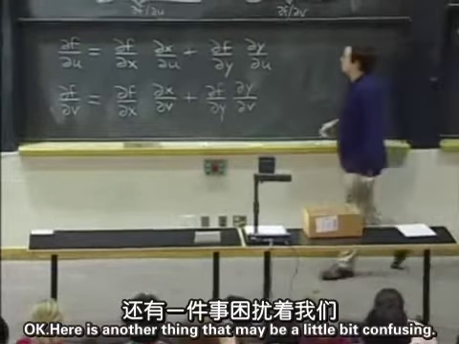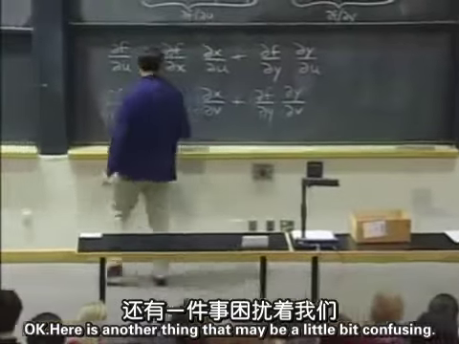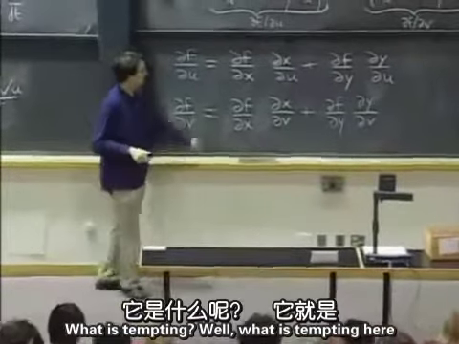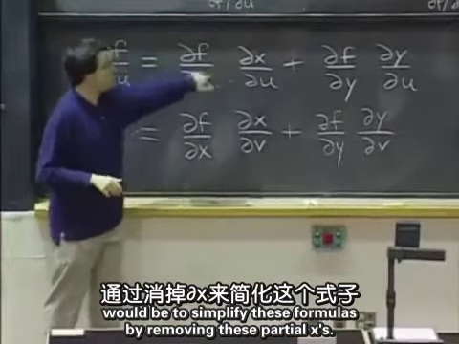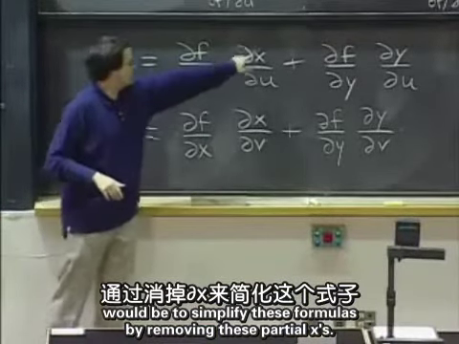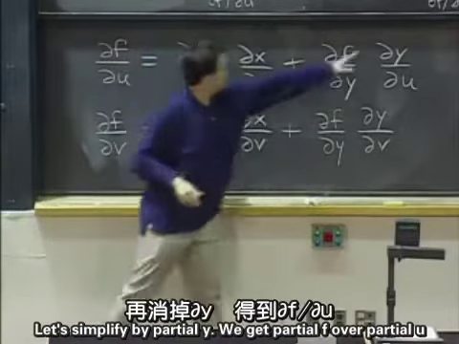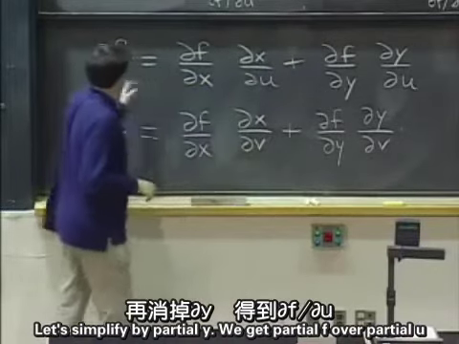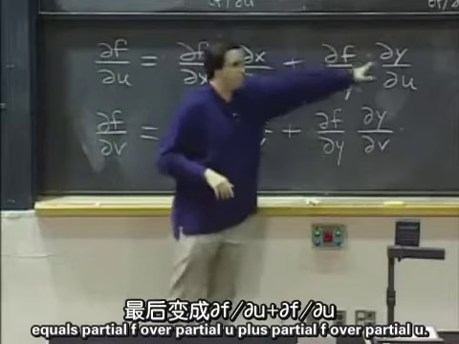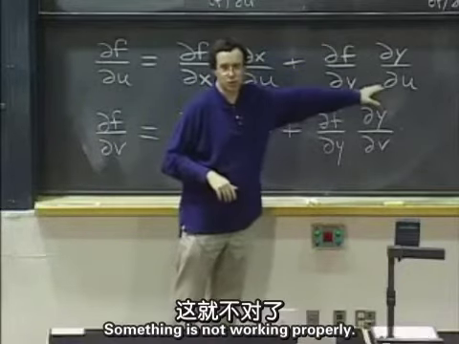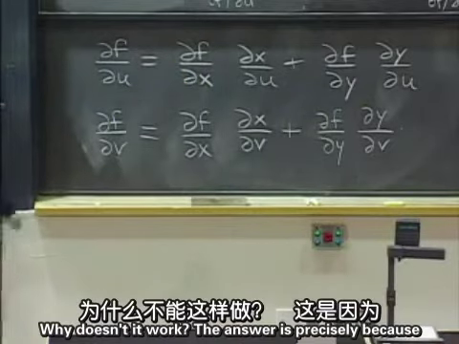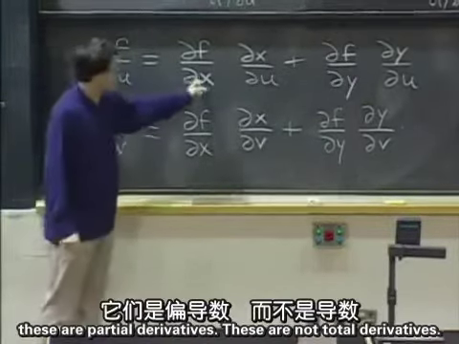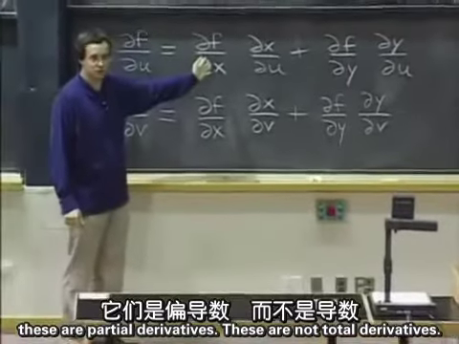Okay, here's another thing that may be a little bit confusing. What's tempting here would be to simplify these formulas by removing these partial x's. So let's simplify by partial x, let's simplify by partial y, we get partial f partial u equals partial f partial u plus partial f partial u. Something is not working properly. So why doesn't it work? Well, the answer is precisely because these are partial derivatives. These are not total derivatives.